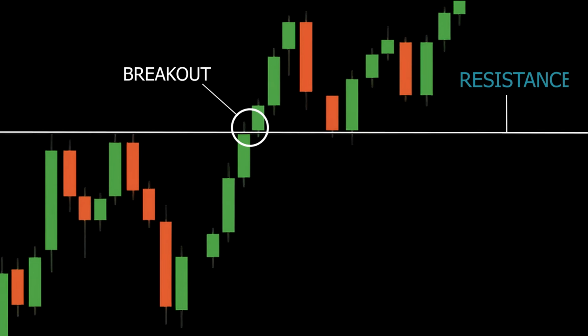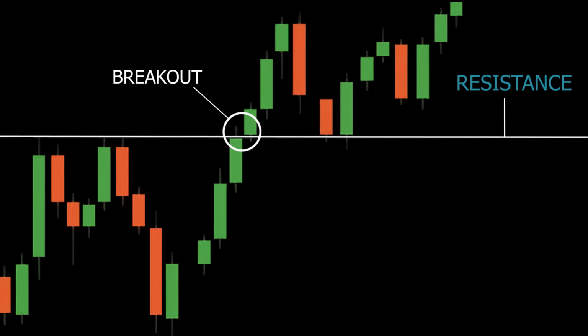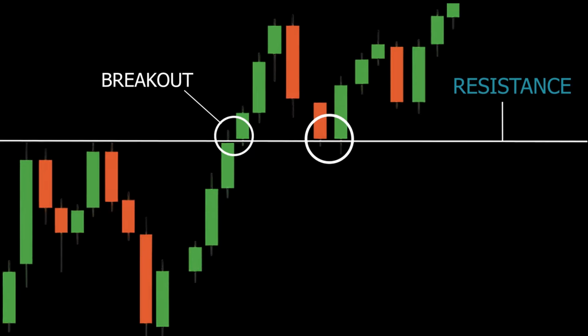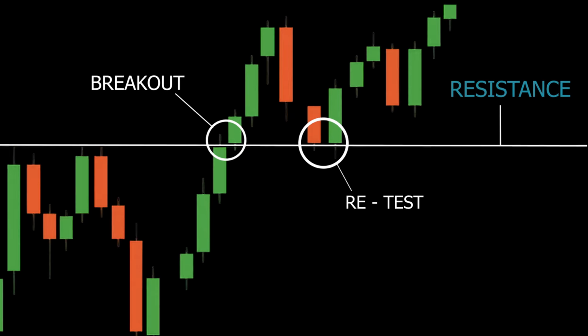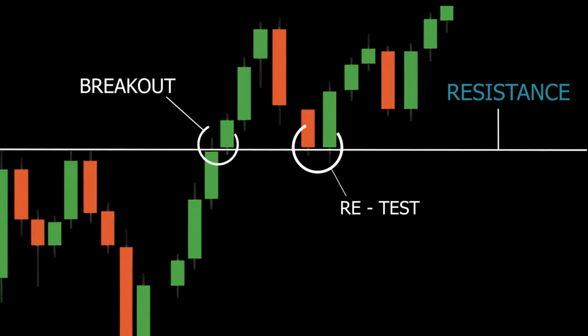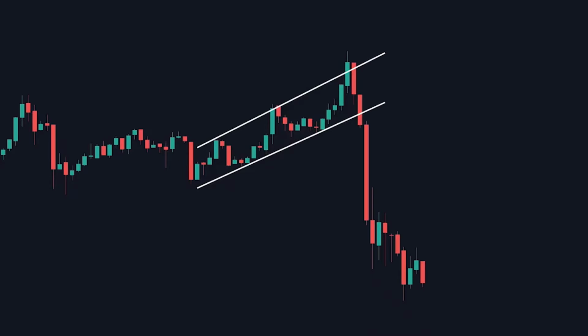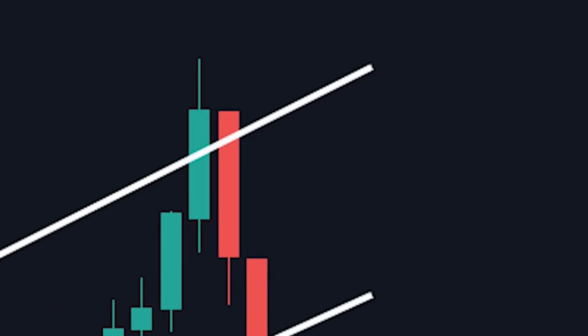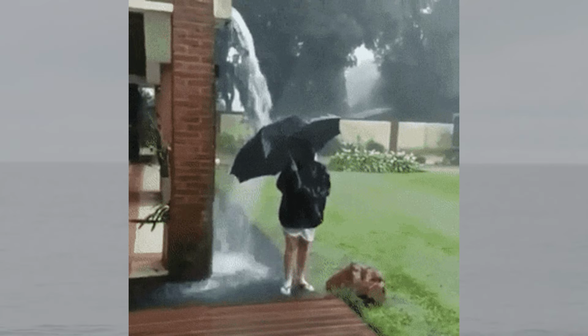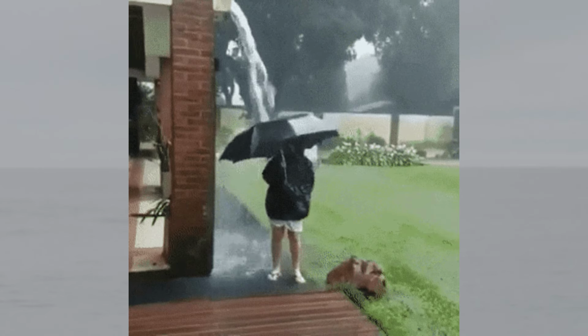Risk management is everything. Place your stop loss just below the retest zone or below the low of the confirmation candle. If the breakout fails, the price will likely fall below this level, and your stop will protect you from a bigger loss, like an umbrella in a sudden downpour.